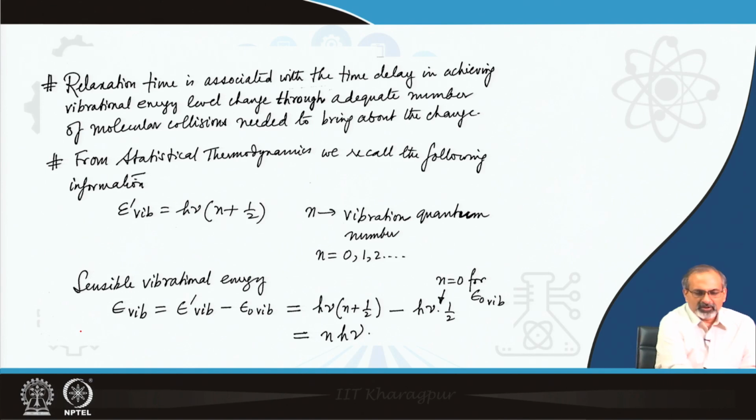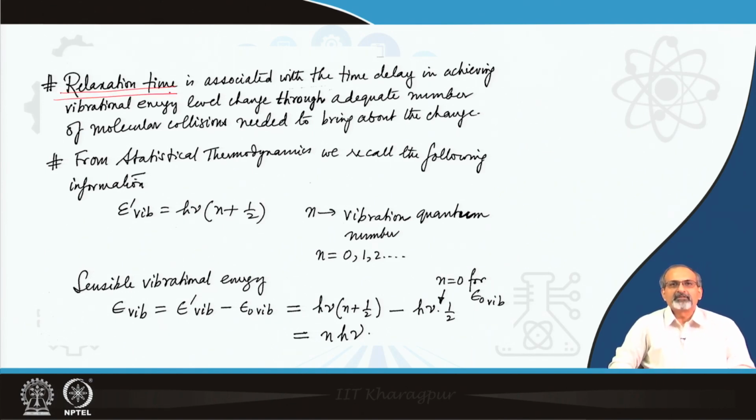Now, let us think about the concept of relaxation time, which is a very important concept in physics. It is associated with some time delay, and here in this context it is the time delay in achieving vibrational energy level change through adequate number of molecular collisions, which are needed to bring about that change.